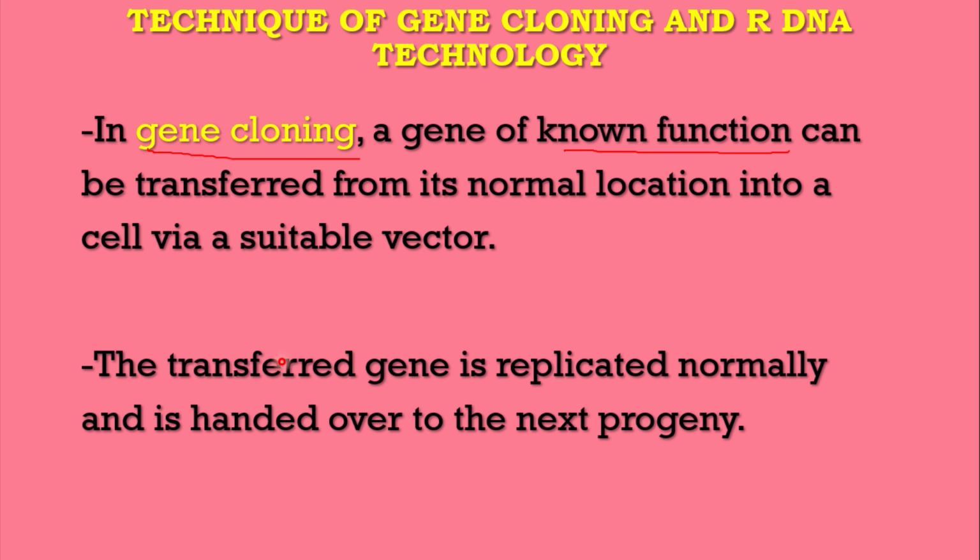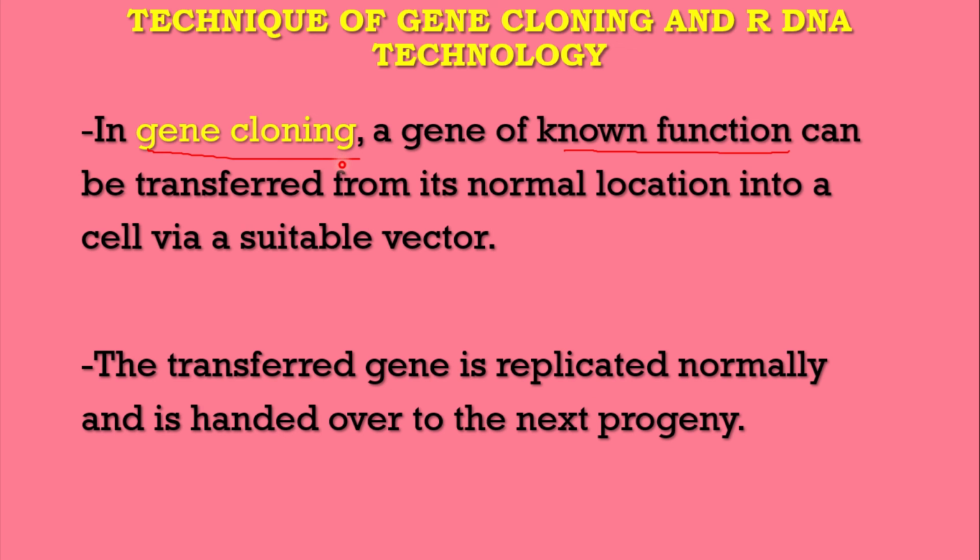That transferred gene is then replicated; it is allowed to multiply in that body. Then it is handed over to the next progeny, and in the next cells, all the cells will have the gene which secretes insulin. So this is nothing but gene cloning.